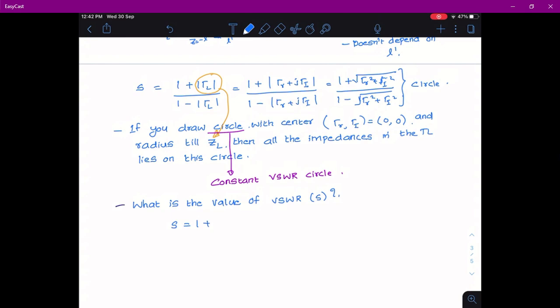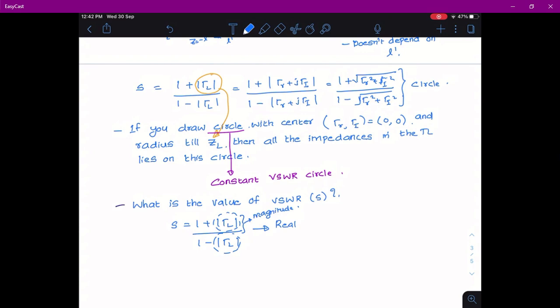S is 1 plus mod tau L by 1 minus mod tau L. Is it real or complex? It is always a real value because these two are magnitudes. Now how will you find that real value?